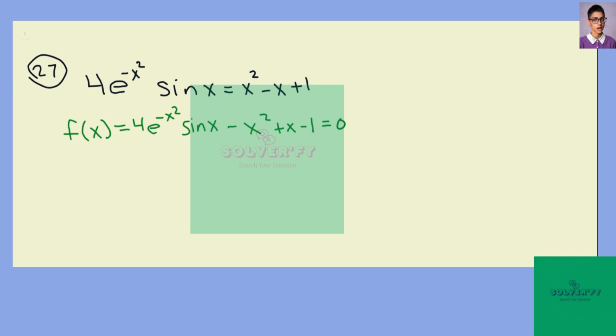And my f prime of x, I have to use my chain rule. So my chain rule is, my product rule. I have 4e^(-x²).